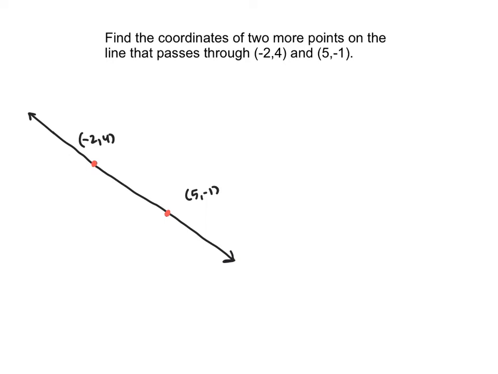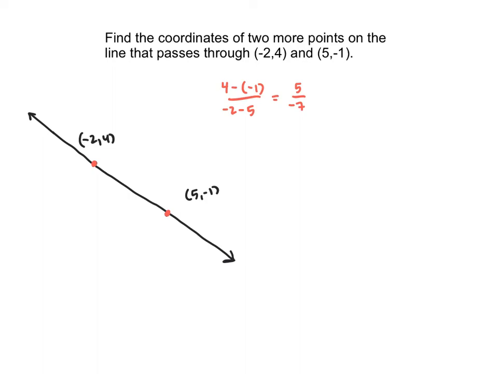I'm going to flip it around and go y1 minus y2, so it's 4 minus a -1, divided by -2 minus 5. That looks to be a +5 over a -7.